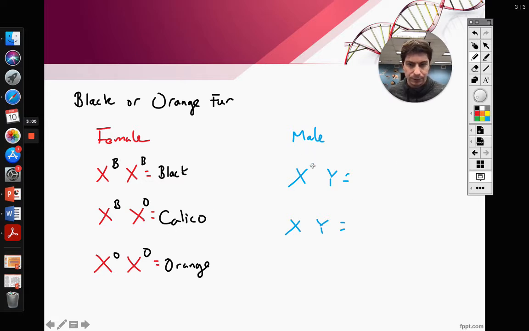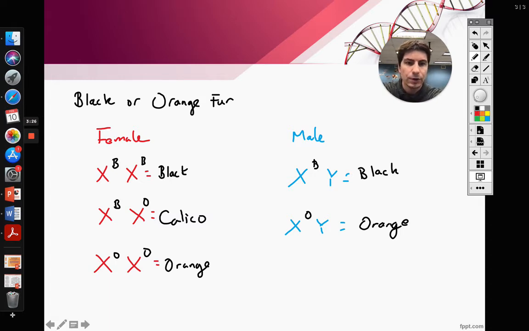Let's go over to the males. Remember, guys, the Y does not have any alleles on it. So X big B Y, it's going to be black. X O Y, it's going to be orange. Okay? So moral of the story, guys, is only females can be calico.